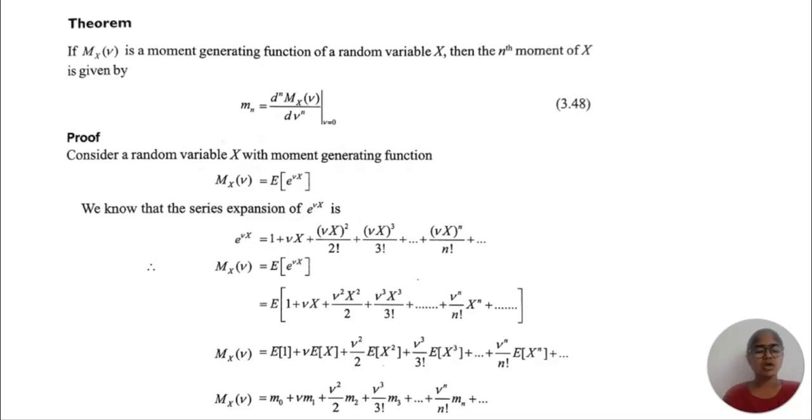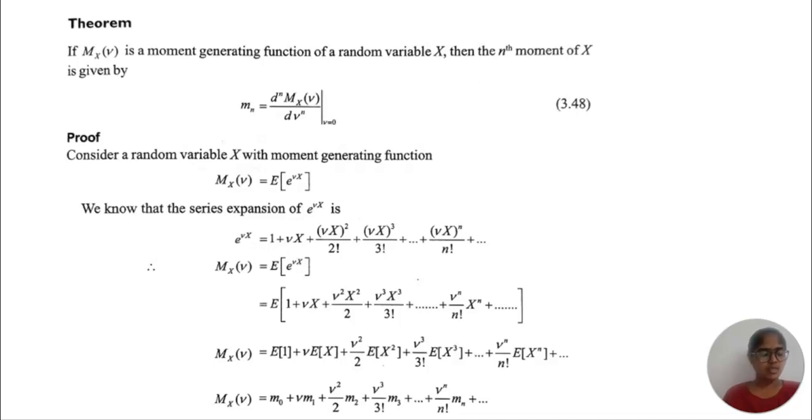Applying expectation on both sides, E of e power v x equal to M x of v equal to E of 1 plus E of v x plus E of v x whole square by 2 factorial. We know that m0 equal to 1, m1 equal to E of x, m2 equal to E of x square, m3 equal to E of x cube.